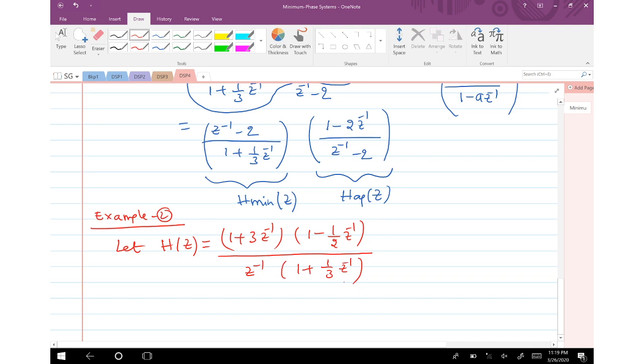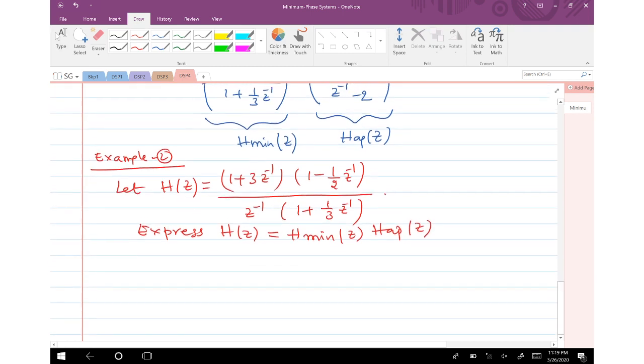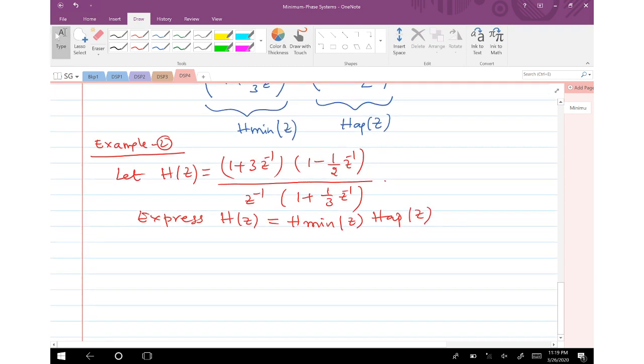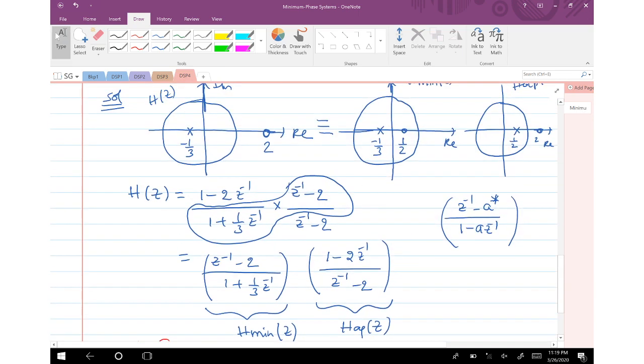Again, similar to the previous example, express h of z as h min of z into h ap of z.